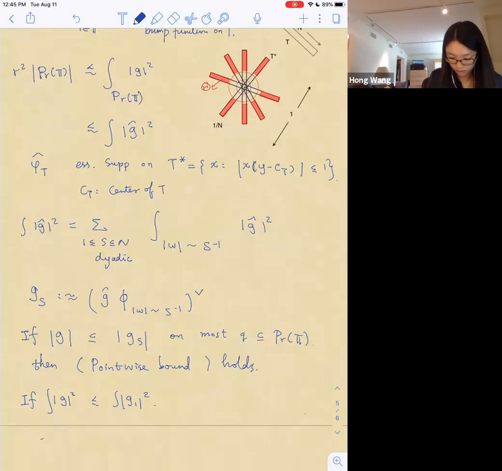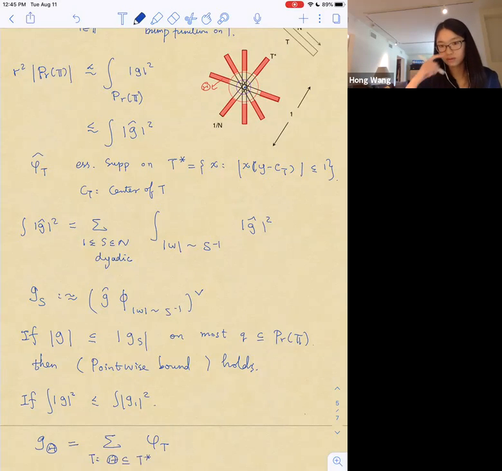For each theta, we define G theta as the sum over the phi t such that theta is contained in T star. So recall that theta is this rectangle, the part of T star that is outside of a ball of radius 1/2.